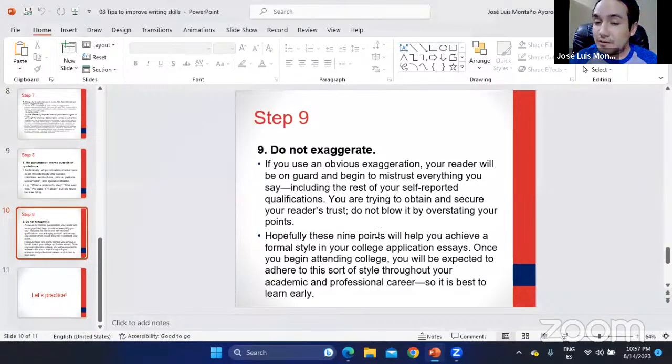So it's a good idea, and with these tips, because we learned the structure, we learned everything about this essay, you have to take this into account and keep working on that, not only for tests, not only for admissions, but for general writing and papers. This is a good idea.